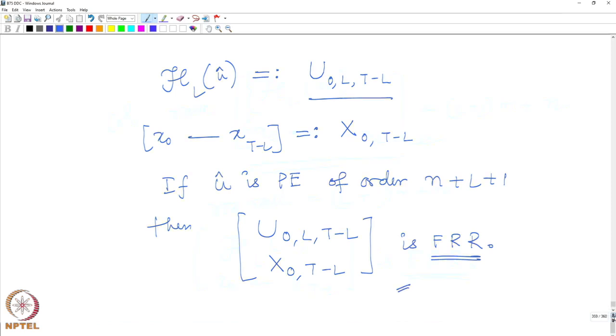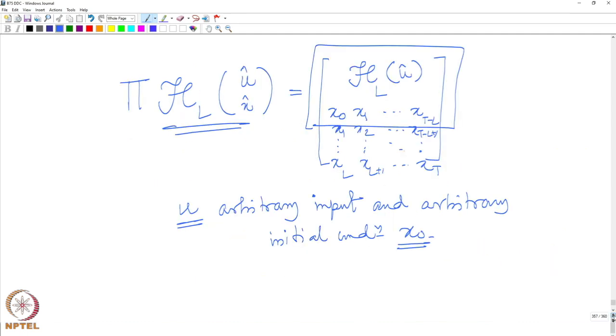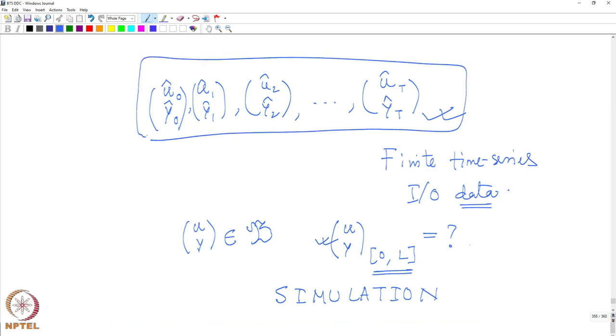This will be crucial for us. I think I have run out of time for today's lecture. Remember why we are trying to do data driven simulation. We are trying to say that if we have data like this, is it possible to get this information for an arbitrary trajectory in the behavior from this data?